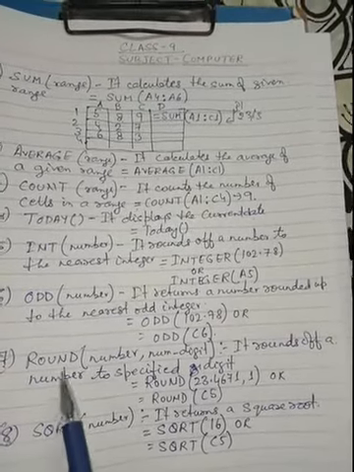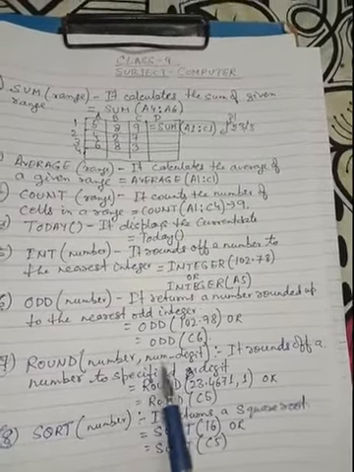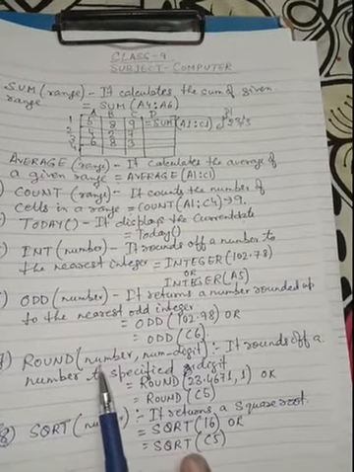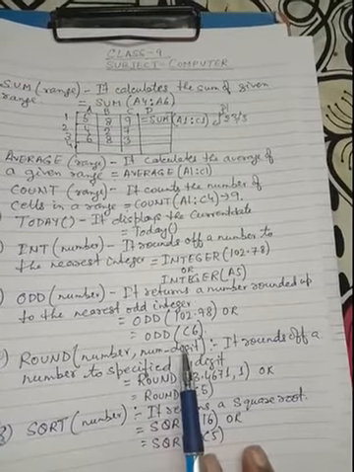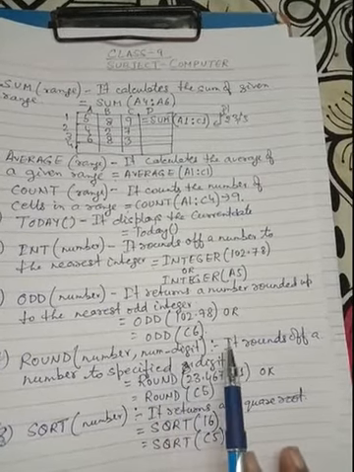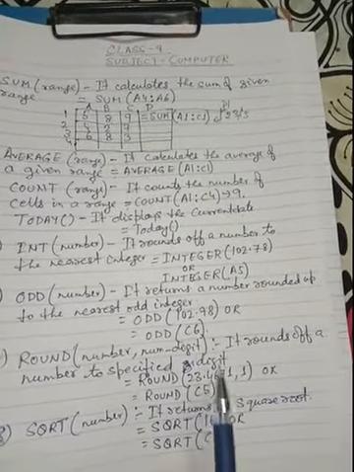Next, we have ROUND. Here we have to give two arguments. The first is the number, and the second is the number of digits that you want to round off to. So what does it do? It rounds off a number to a specified digit.